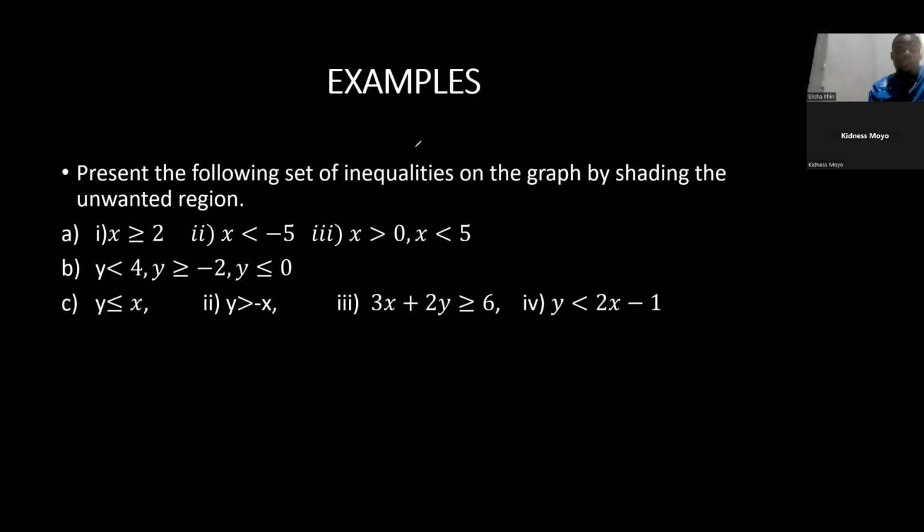So how do you present these inequalities on the X-Y plane? We draw the X-Y plane, and then you say here we have a 1 and there we have a 2, and this side we also have a 1 and then a 2.